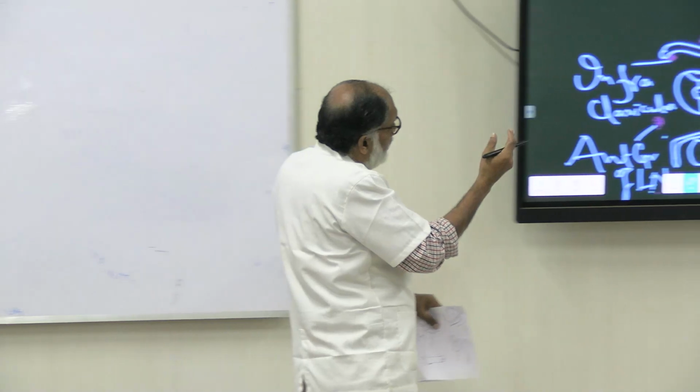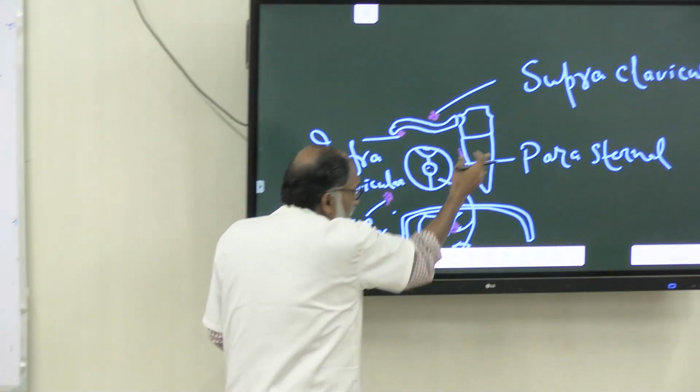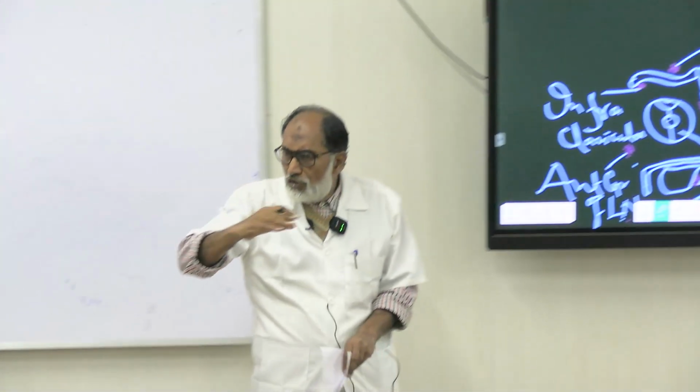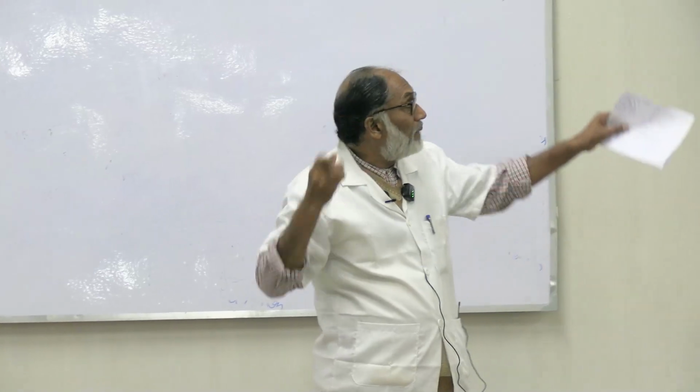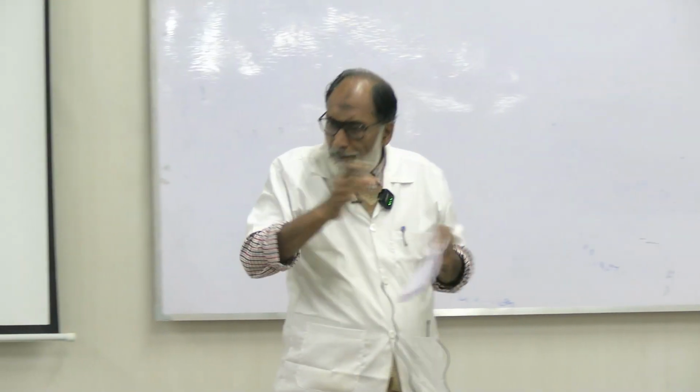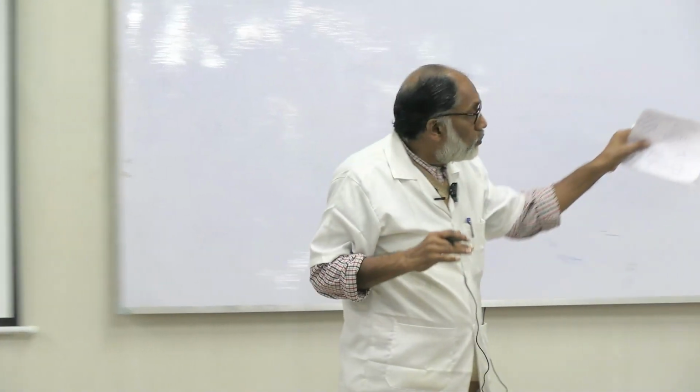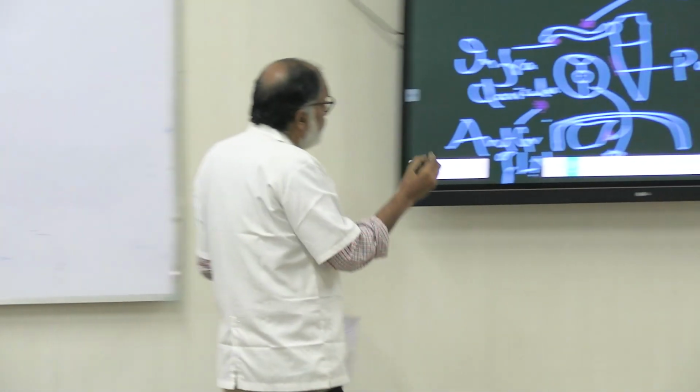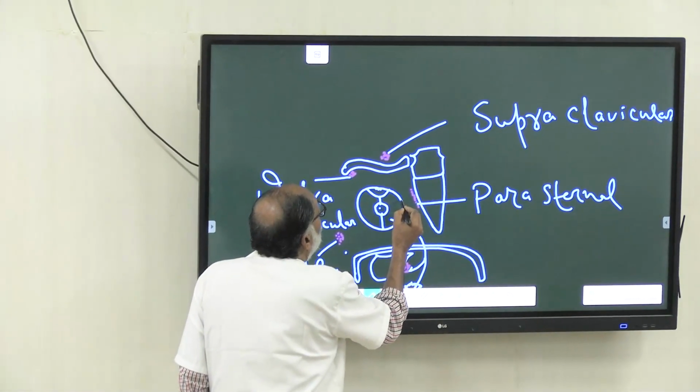From the medial aspect, a few lymph vessels go to the parasternal lymph node. Maximum go to the anterior group, and a little goes to the parasternal lymph node.